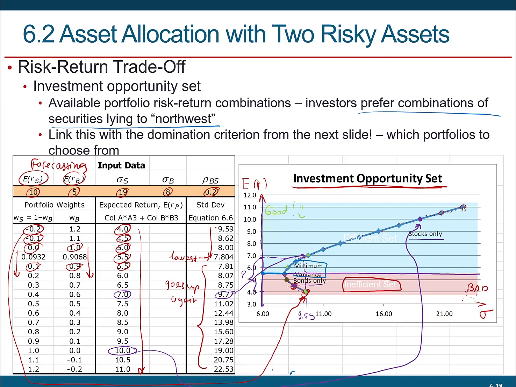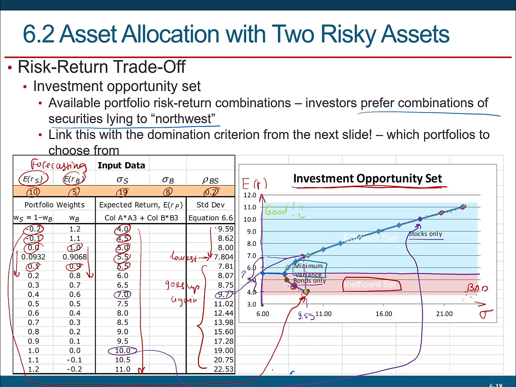We just go further along the investment opportunity set. We basically put more and more money into the stocks by borrowing more and more money from the bonds. We're basically leveraging ourselves. We're borrowing money to invest more in the stocks. So technically, theoretically, you can have unlimited returns on the stocks. You just have to borrow an unlimited amount of money, right?